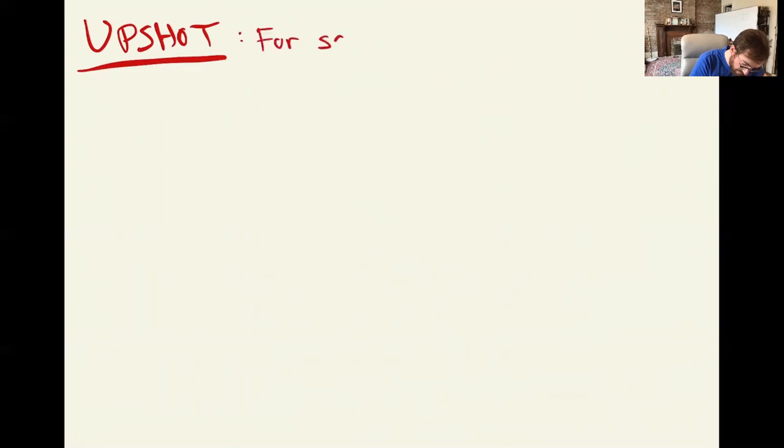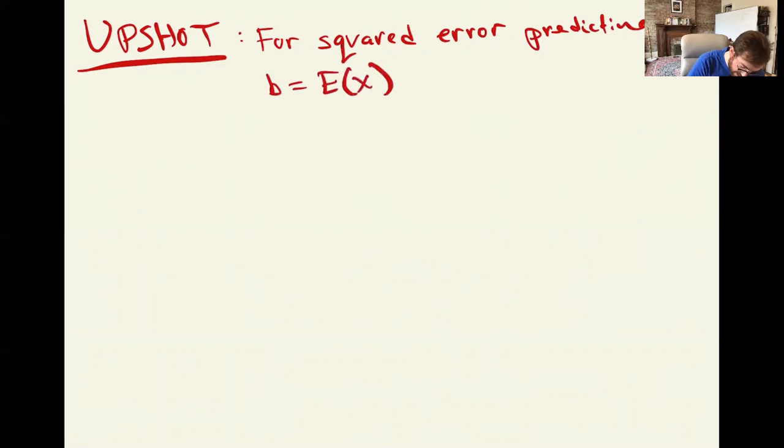Now, the upshot is that for squared error, predicting b to equal the expectation of x is best.